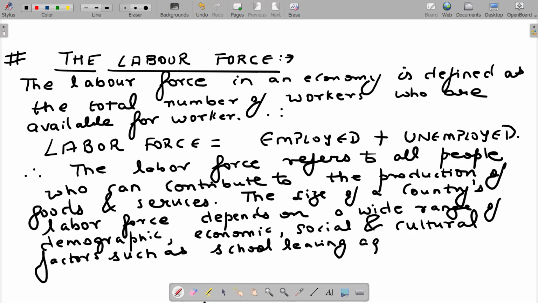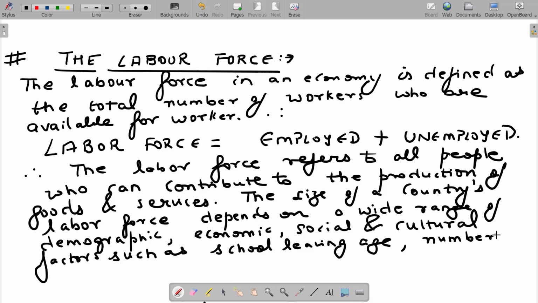It depends upon the age at which you graduate from high school. Okay, so your labor force depends upon all these factors. Now, countries can have different ages at which people graduate from high school. Another example would be the number of people who remain in full-time education above the school leaving age. Some people want to do an undergrad for 3 years or 4 years.